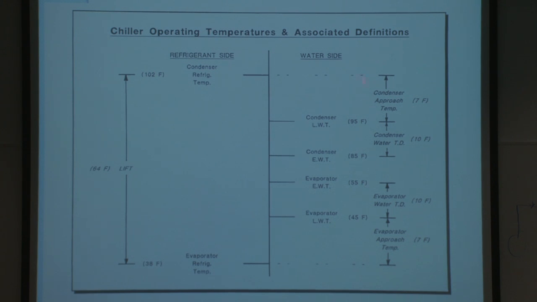Now, why do you care about this, and why is it worthwhile logging it and acting on it quickly? A lot of people say, well, if it shuts down, then I'll call somebody. Well, here's why. For every 1 degree of lift that you increase, it's going to cost you about 1.5% in your efficiency.